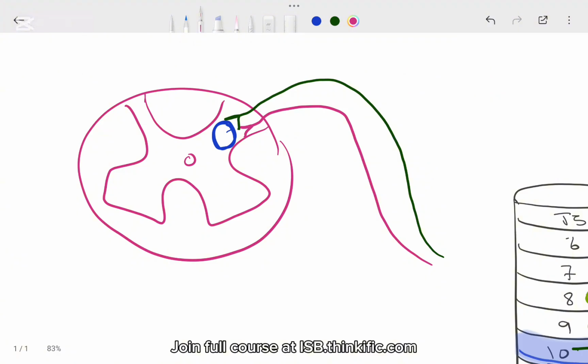So when we have appendicitis and the visceral fibers are activated, that's before the inflammation reaches the sensitive parietal peritoneum, it will activate the same second order neuron and the brain will project this sensation to the T10 dermatome, which is around the umbilicus. That's why patients with appendicitis present with periumbilical pain. That's the mechanism.